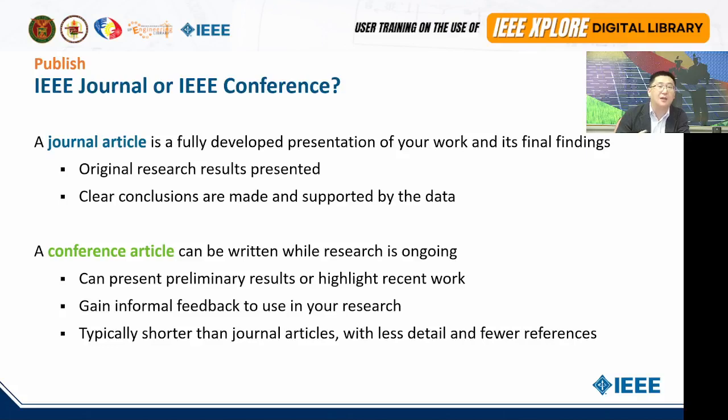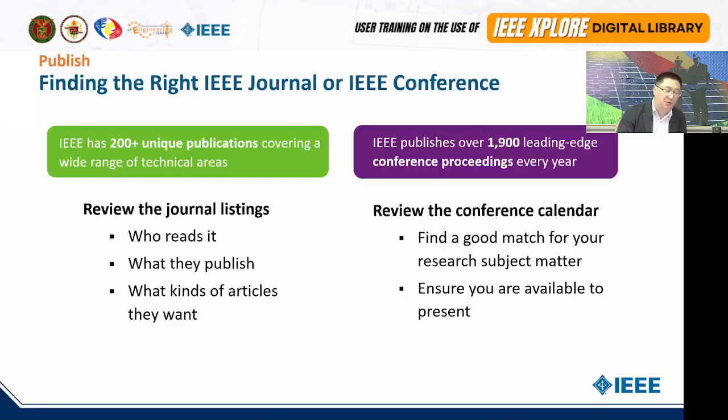And the second one is direction, because the conference paper focusing on what researchers are currently working on. So the conference article actually can be written while your research is ongoing. It represents preliminary results. It gains informal feedback because you will need to attend the conference to present your findings. It may not be the final findings, but it is something that is important.